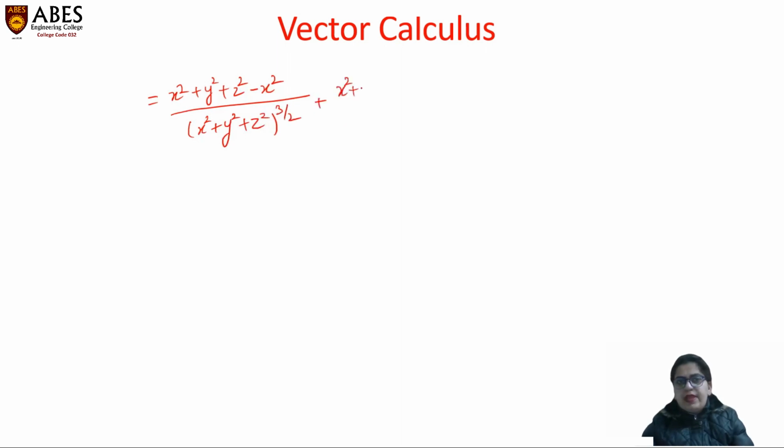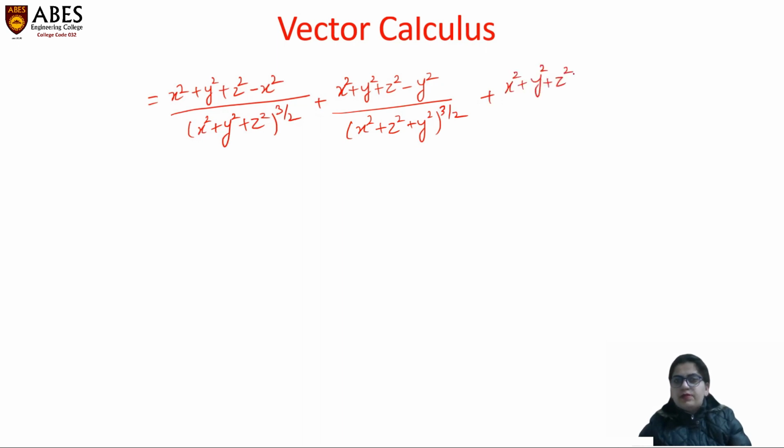Similarly, x square plus y square plus z square minus y square for y component, and denominator will be same. Similarly, x square plus y square plus z square minus z square whole upon x square plus y square plus z square raised to power 3 by 2.